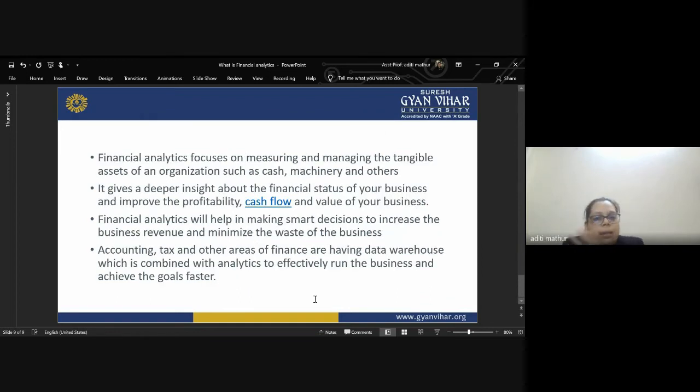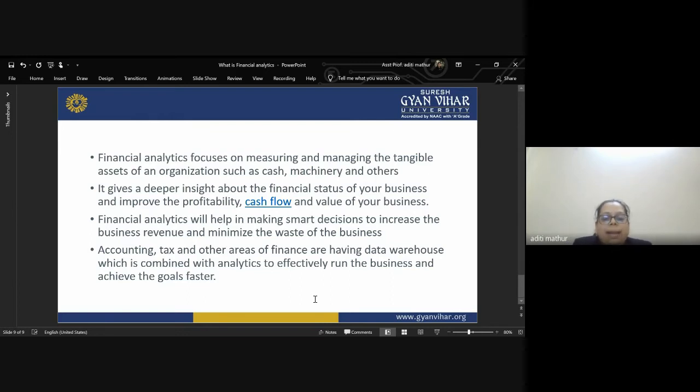Then there are n numbers of advantages. Few of them is that the financial analytics focus on the measuring and managing the intangible assets of their organization, such as the cash, machinery, etc. It gives a deeper insight about the financial status of the business and improve the profitability, cash flow, and value of your business.